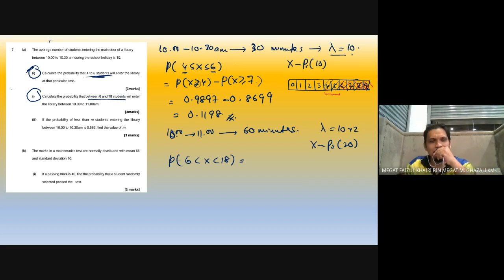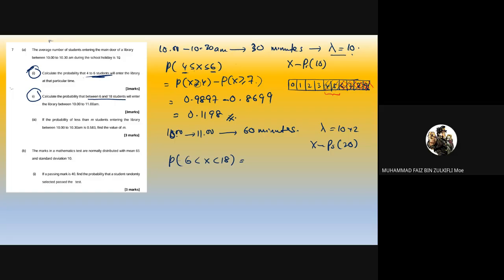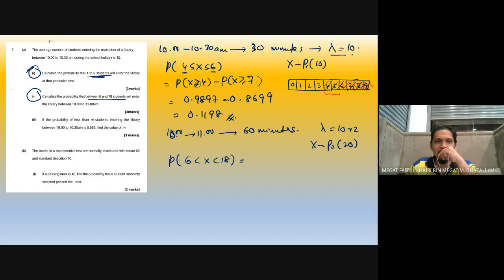What's the difference between this? Can anyone tell me what's different between these two? Between means not inclusive. Question one, 4 to 6 students, meaning exactly from 4 to 6 students. Between does not include 6 and does not include 18. It's just between 6 and 18.